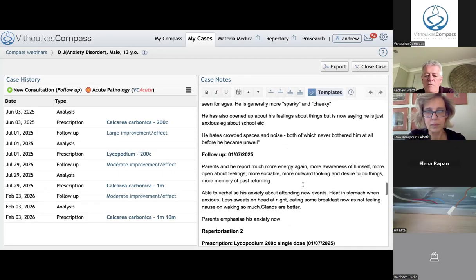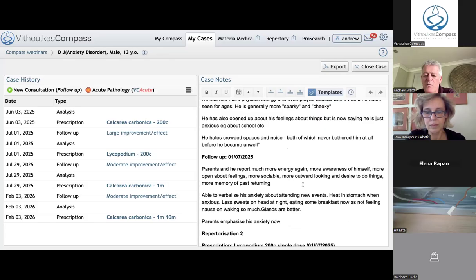Parents and he report much more energy again, more awareness of himself, more open about his feelings, more sociable, more outward looking and desire to do things, more memory of the past returning.